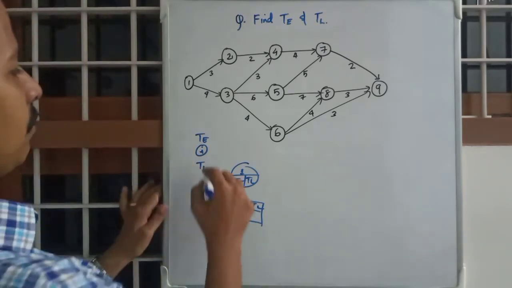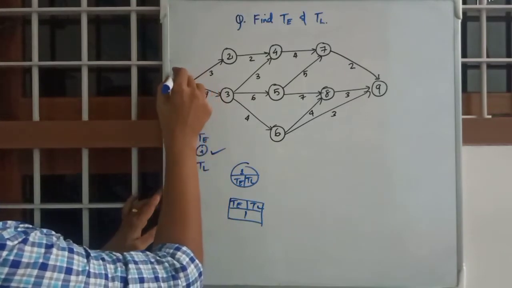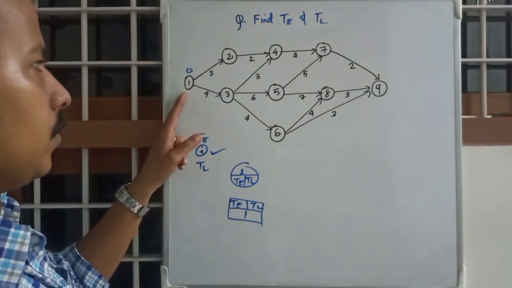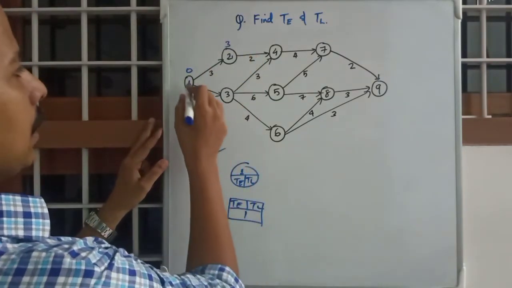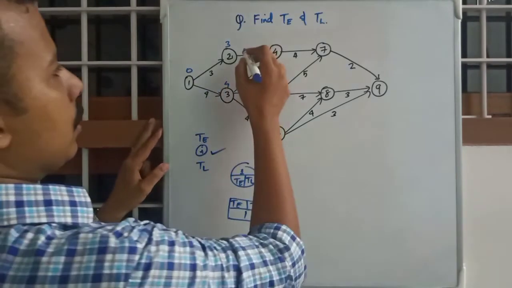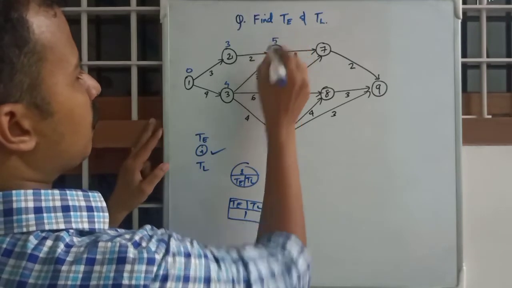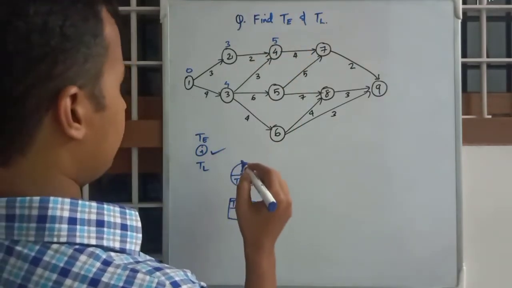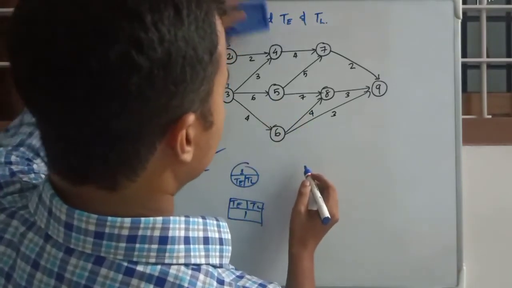For right now I am selecting this. Okay, so we will start. TE of event 1 is taken as 0, 0 plus 3 is 3, 0 plus 4 is 4, 3 plus 2 is 5, sorry, there will be two values, right?